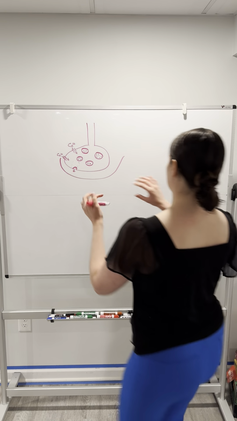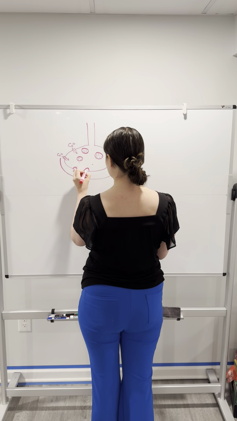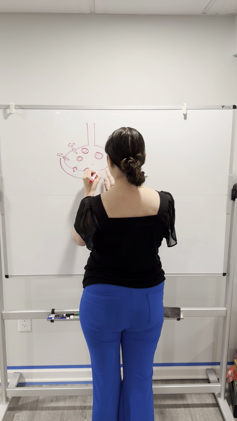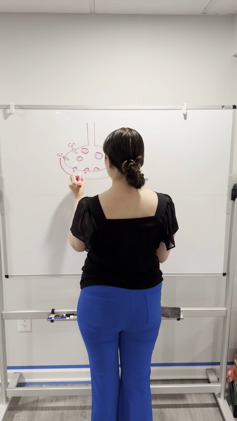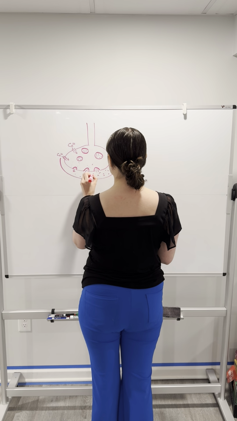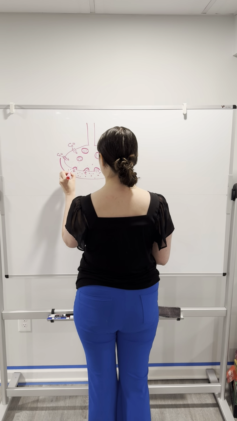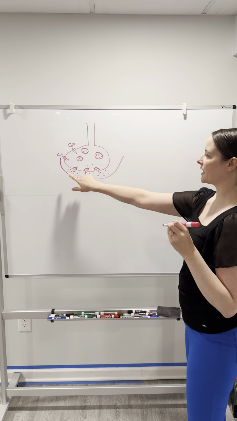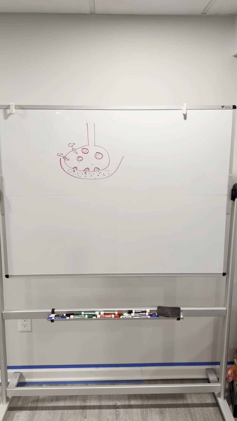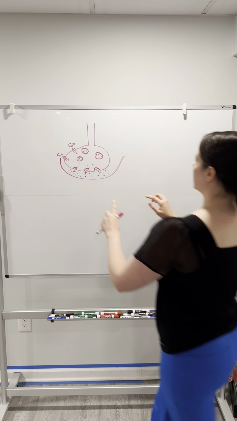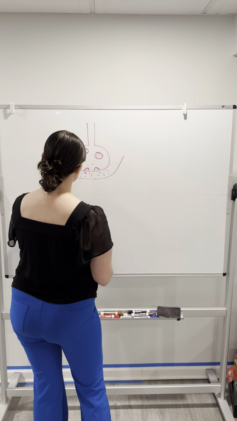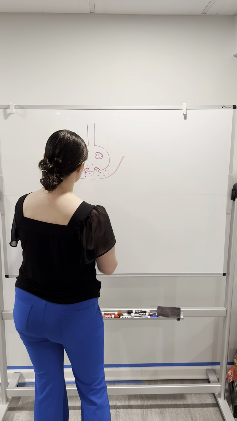Then neurotransmitter is going to diffuse across this space. We have lots of vesicles releasing neurotransmitter into this synaptic cleft, the space between our presynaptic and our postsynaptic membrane. Now there are ion channels here on our postsynaptic membrane, whether it's a muscle, another neuron, whatever it is.